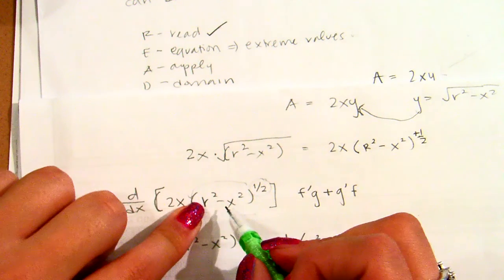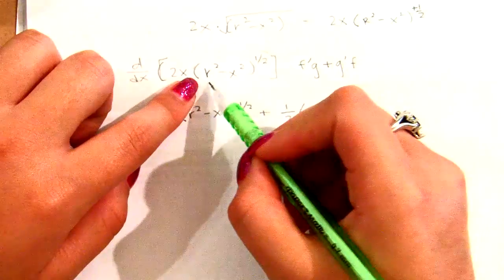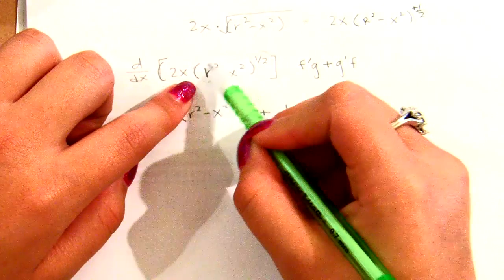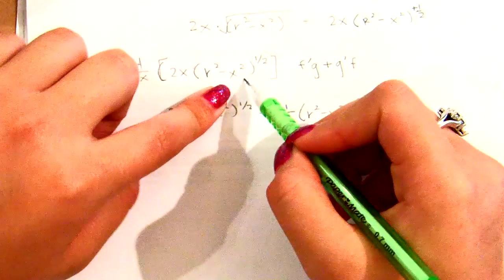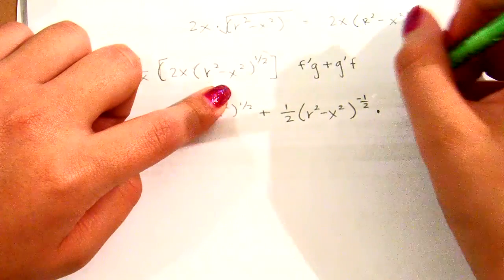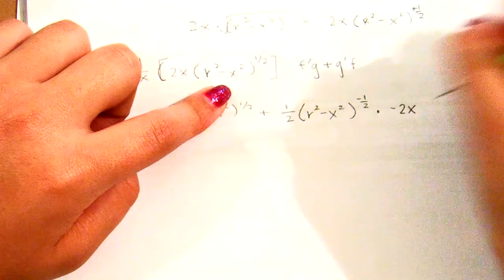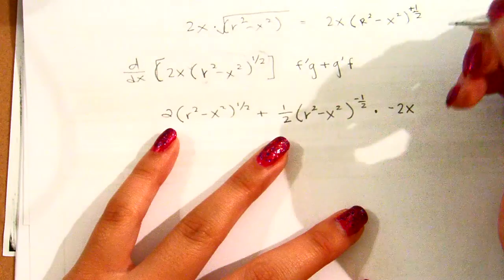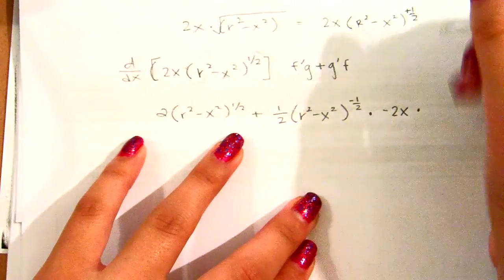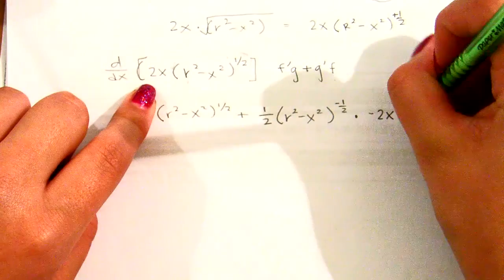And we said previously that r is 5, so we don't have to take the derivative of this because this is just a number. So we take the derivative of this, which is negative 2x. And then we multiply it by the derivative of the first, which is 2x.